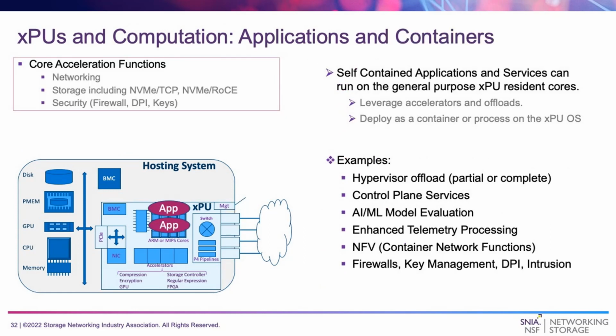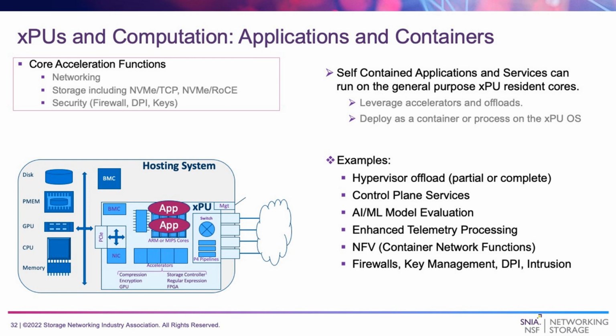So let's look at some more detail around applications and containers. You heard about networking, you heard about storage, including NVMe over TCP and NVMe over RoCE offloads, and you heard about security functions. Typically, those are built as a combination of a local application or an accelerator.